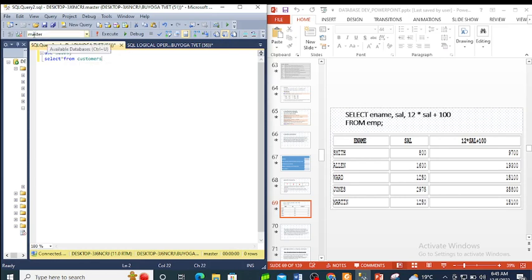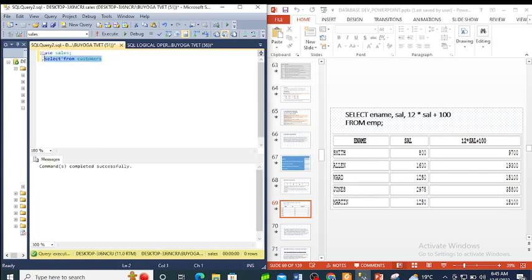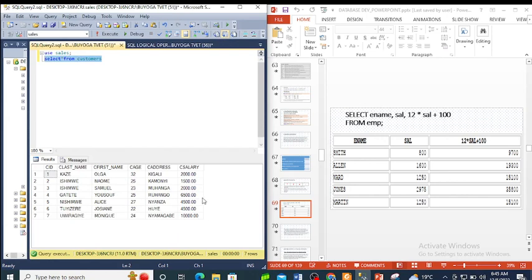So here you can see it is not the database which is there, that is master. Then let's use this one. You can see it has gone there. Then we should find our records here.